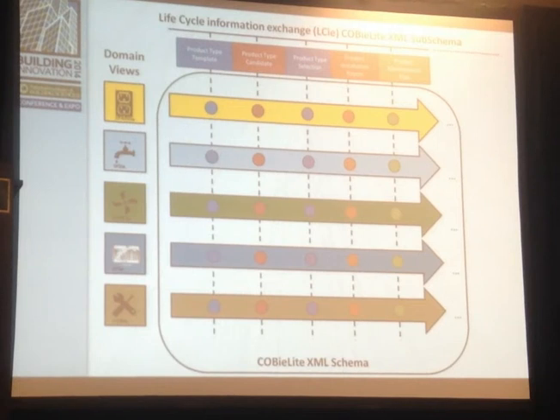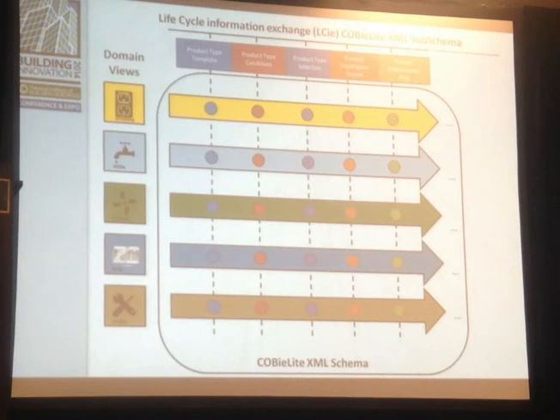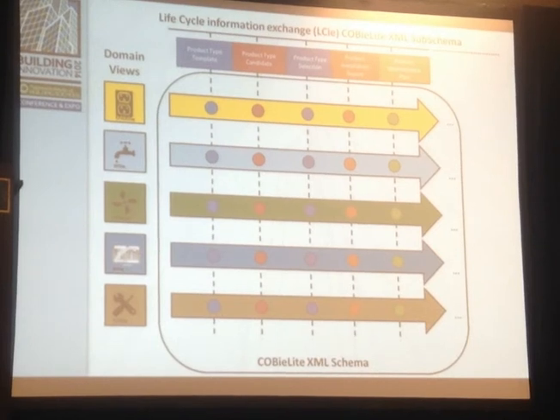Because for each one of these different lifecycle information exchanges, we're essentially taking the COBIe data set and defining a smaller version of it, and then defining the things that you create, read, update, and delete in each of those phases. That's been a great thing, and it's an Army mandated standard that any data models we make, we have to use the NIEM.